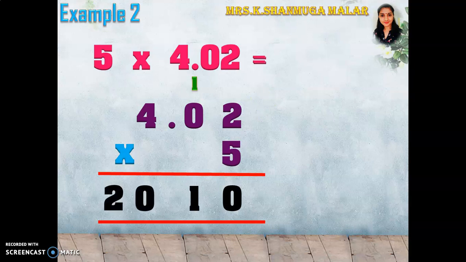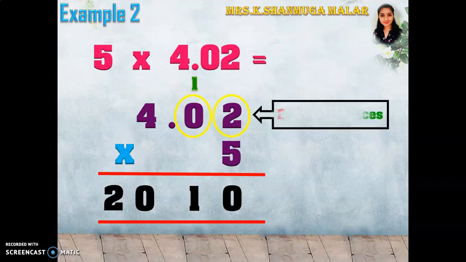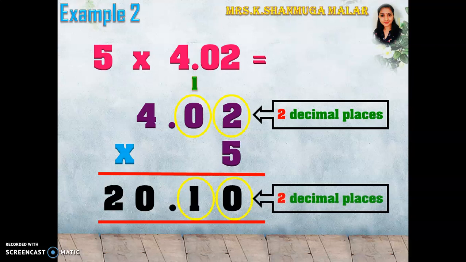20. After we find the answer, we must find the decimal places here. How many decimal places in this question? 1, 2. We have 2 decimal places. So we must place the decimal after 2 numbers. Do you understand, students?